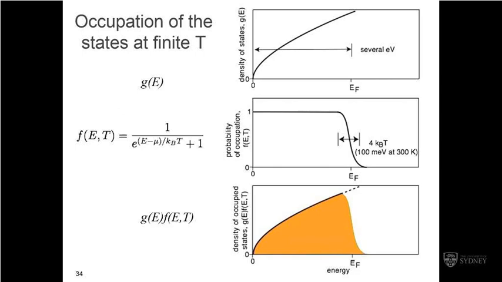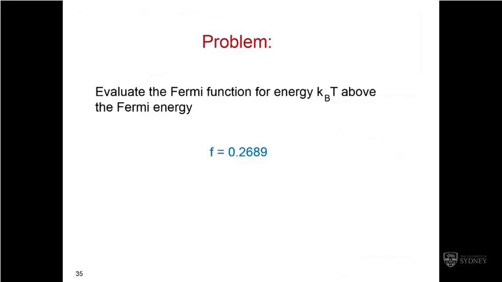It's very fundamental for this course. To get a feel, you may do this for homework. There's the answer, just make sure you get it. Evaluate the Fermi function for energy kBT above the Fermi energy. It's very trivial, but it's a good exercise.